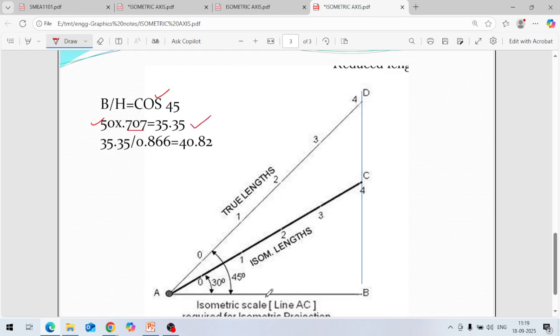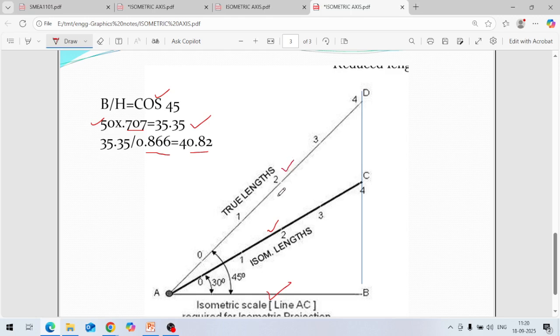This length is the base length, 35.35. Now we have to calculate this length. Because this angle is 30 degrees and cos 30 is 0.866, if you divide 35.35 by 0.866, it becomes 40.82. So the isometric line length is 40.82, whereas the true length was 50.